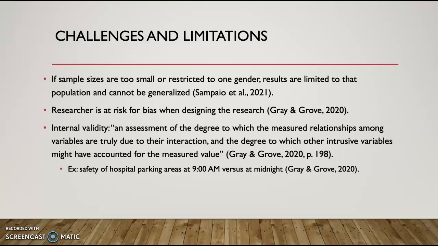There can be a couple of threats to validity, so we just have to look out for that. An example would be the safety of hospital parking areas at 9 a.m. versus the safety at midnight. And this is an example by Gray and Grove as well.